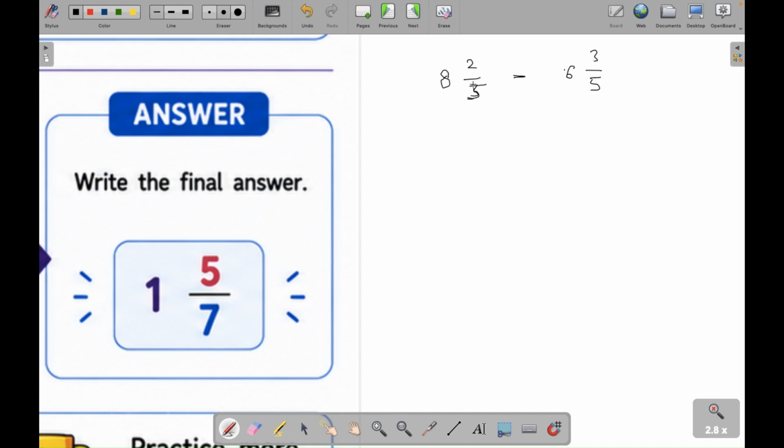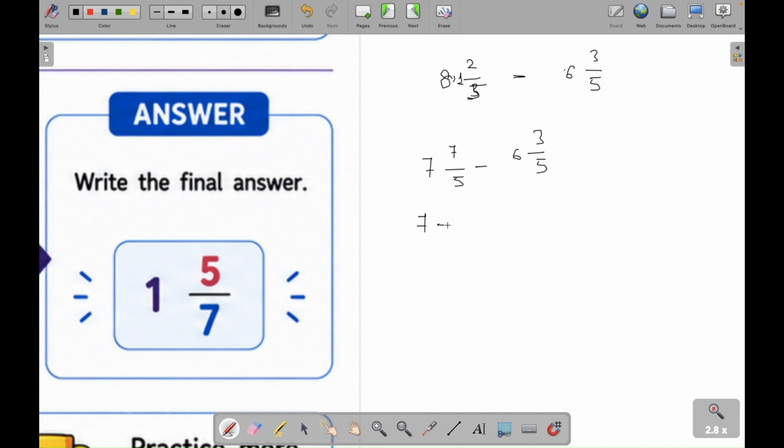If we compare these two, we'll see that 2/5 is smaller than 3/5, so subtraction is not going to work. So I have to borrow 1 from the whole part. Once I borrow 1, this becomes 7, and this becomes 1, which is 5, plus 2, which is 7. So 7 7/5 minus 6 3/5. Now we can move ahead with the subtraction process.